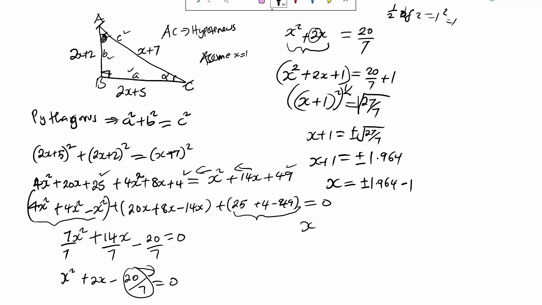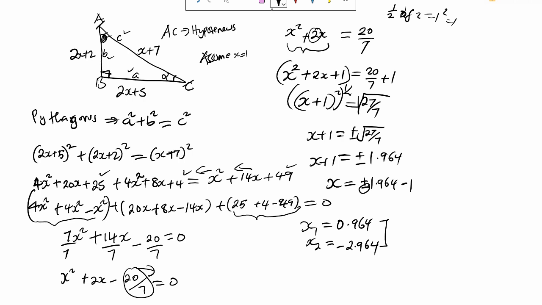And if you simplify, the first value of x becomes, you take 1.964, subtract 1, you get 0.964, and the second value of x is negative 1.964 minus 1, which is minus 2.964. So these are the two values of x.